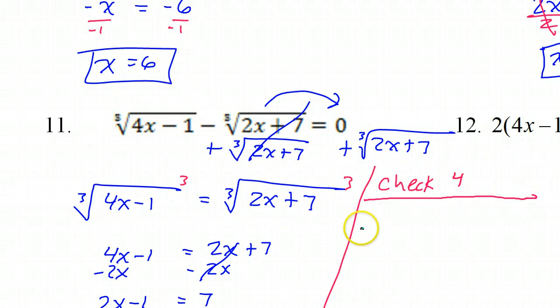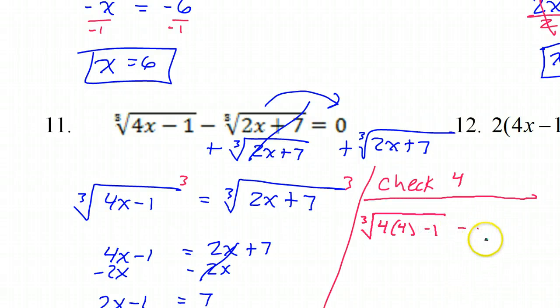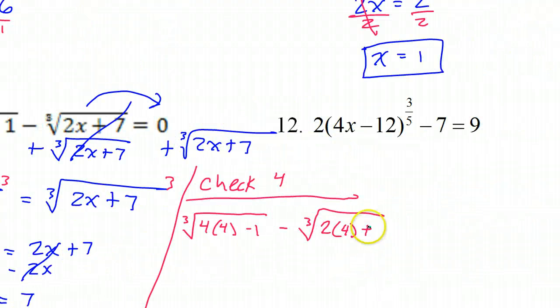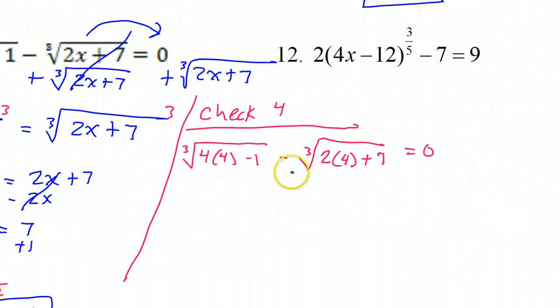So plugging 4 in, I would have the cube root of 4 times 4 minus 1 minus the cube root of 2 times 4 plus 7 equals 0.